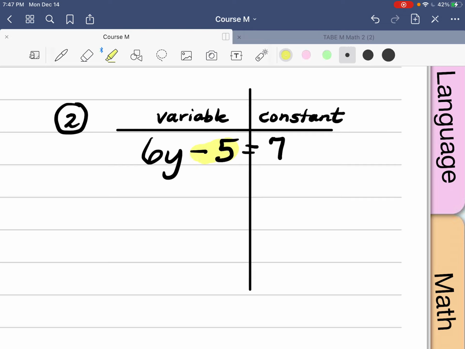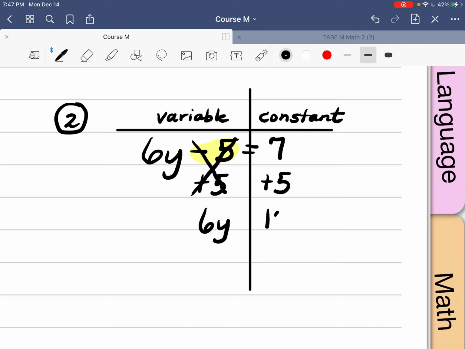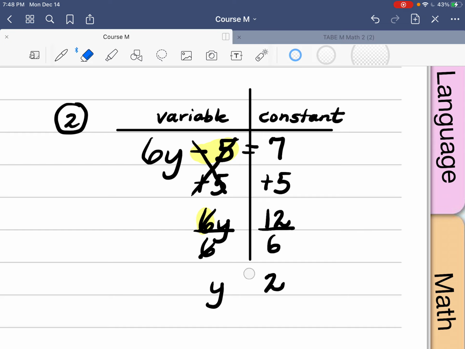Gonna add this 5 to both sides, and it'll cancel here on the left, and on the right we end up with a 12. And then we're going to divide away that 6. That is a coefficient, so it divides away. And I'm left with y equals 12 divided by 6, which is 2.